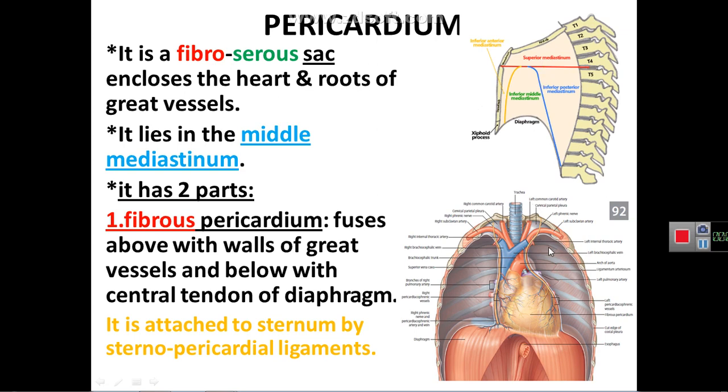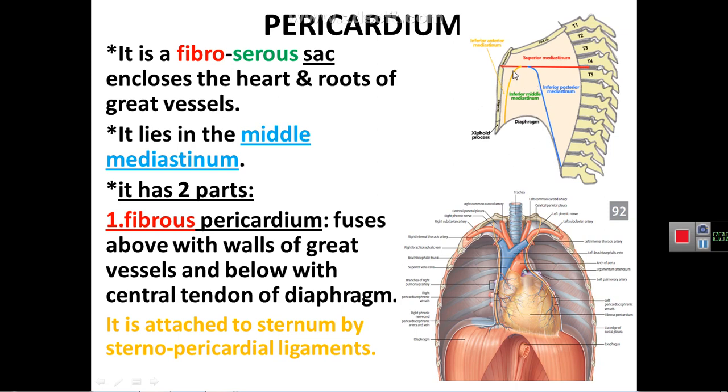In the previous lecture we had said that the thoracic cavity is formed of right and left pleural cavities, and in the middle are many structures, trachea, esophagus, great vessels and heart, that is forming part of the thoracic cavity, which is called mediastinum, that are lying in the middle of the thoracic cavity.